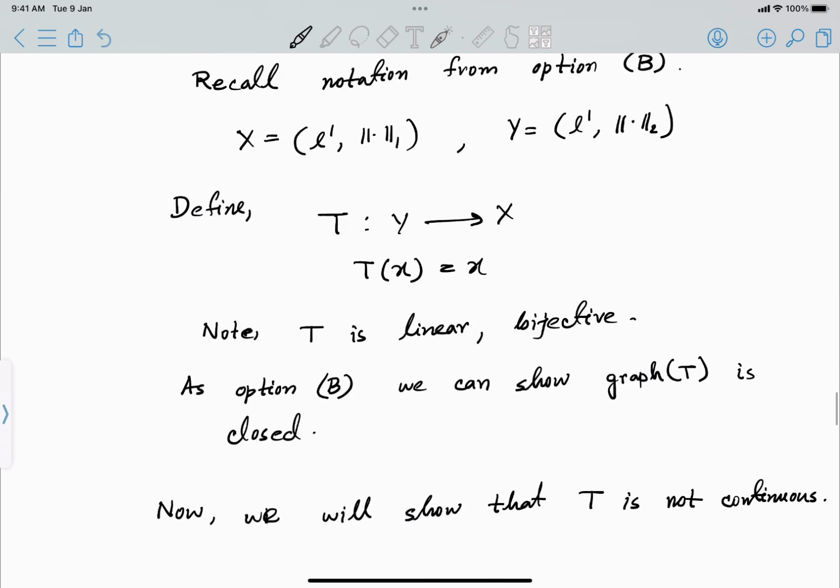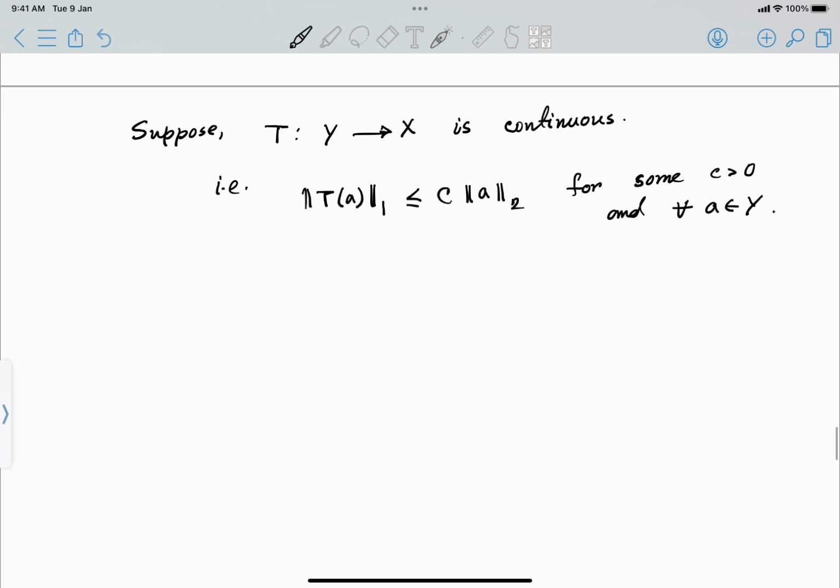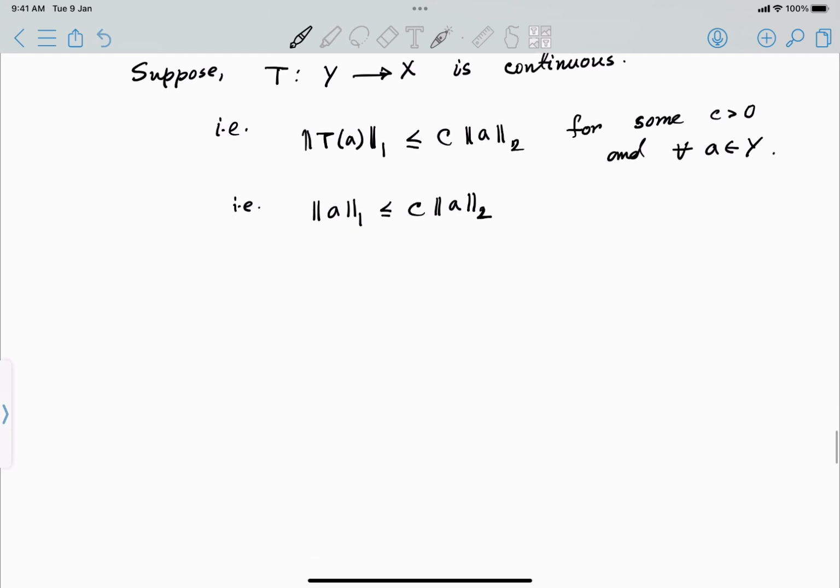Because Y is with respect to the L2 norm now, T of a, which is in X, so its L1 norm should be less than c times its L2 norm for some c positive and for all a in Y. Because T is identity, T of a is a, so the L1 norm of a is less than c times the L2 norm of a.